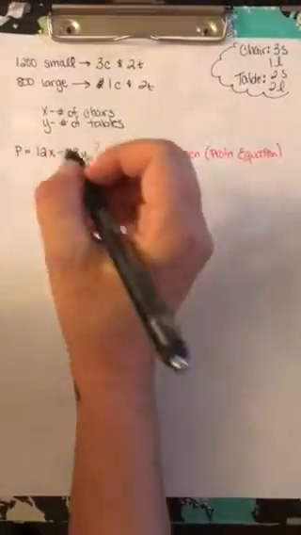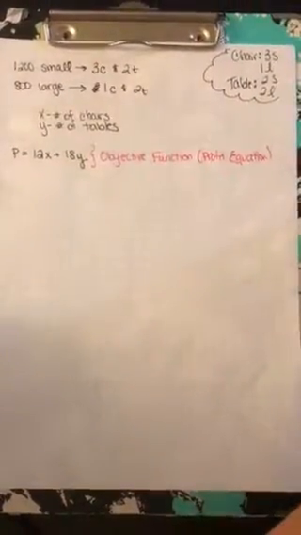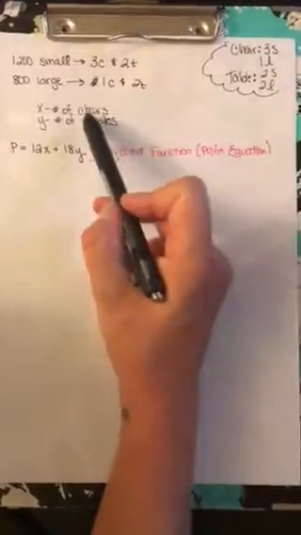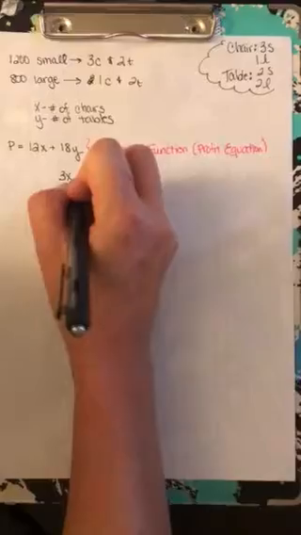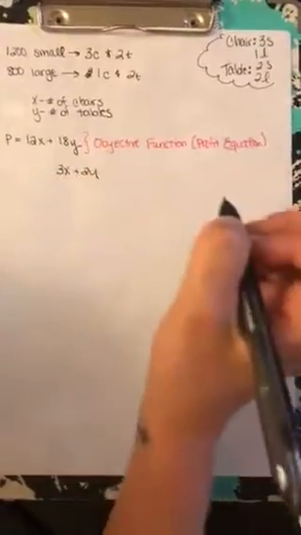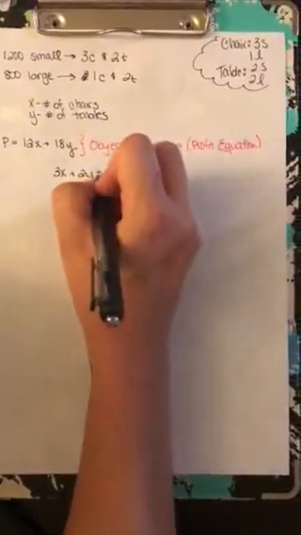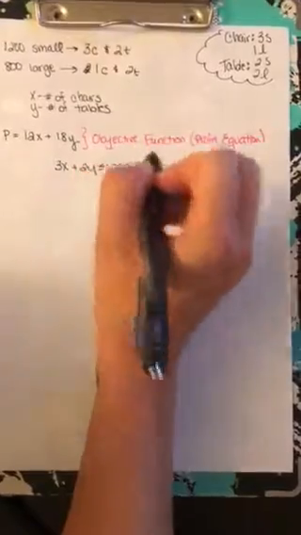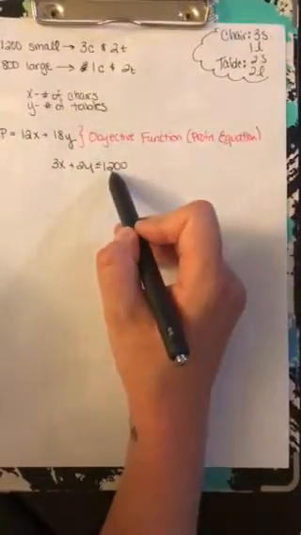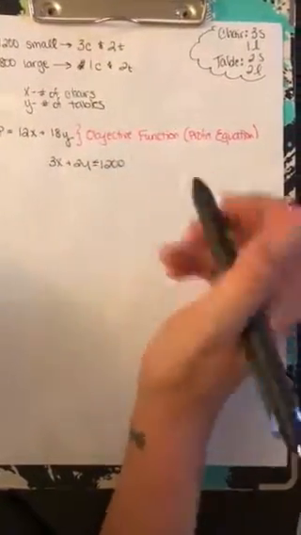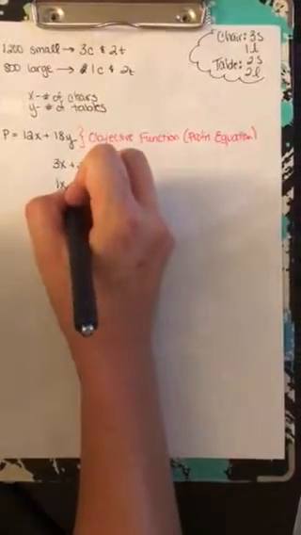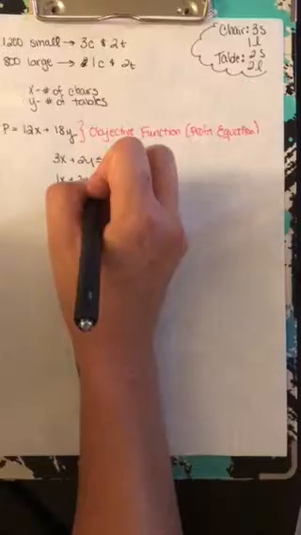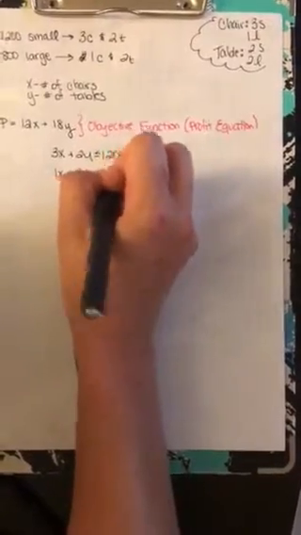All right, so from here we need to create our constraints. Now we talked about this yesterday, and we actually made a few of them, but they're going to change a little bit for zero period. Okay, so if X is the number of chairs, then that means 3 small components plus 2 per table has to be less than or equal to 1,200. We talked about how it can go to 1,200, but we can't go over because that's how many we get a day. And then we have 1 large plus 2 large, and that has to be less than or equal to 800.